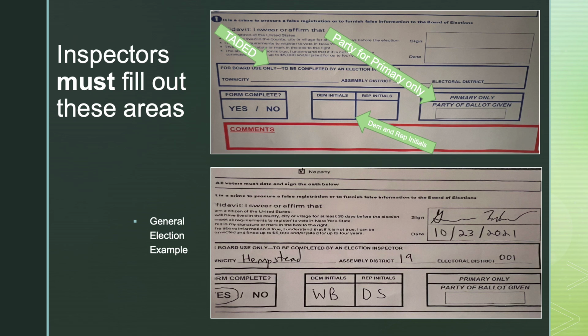And lastly, if it's a primary, write the party of the ballot that was given. So if it's a Democratic primary, it should be a Democratic ballot. And if it's a Republican primary, it should be a Republican ballot, as well as the third parties if by chance there was a primary election.